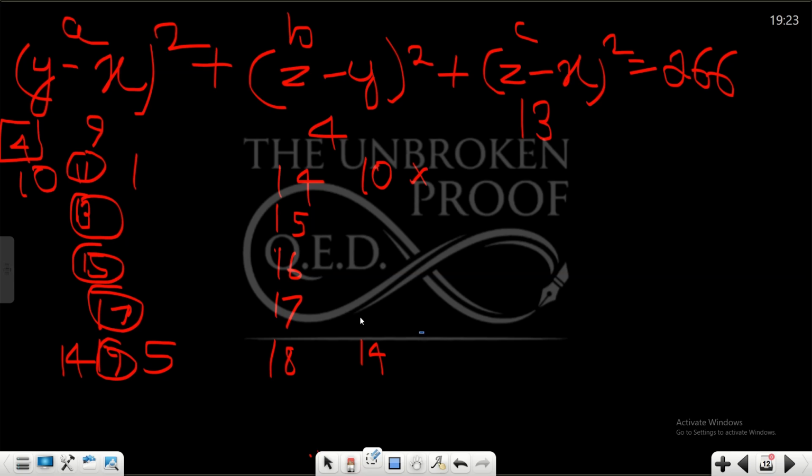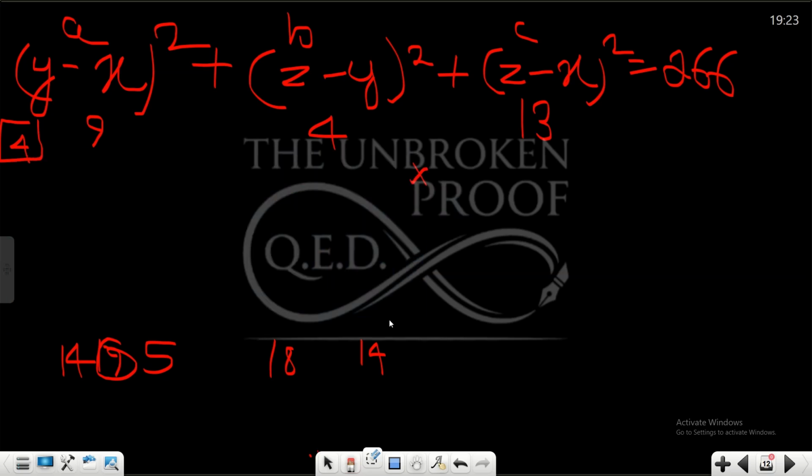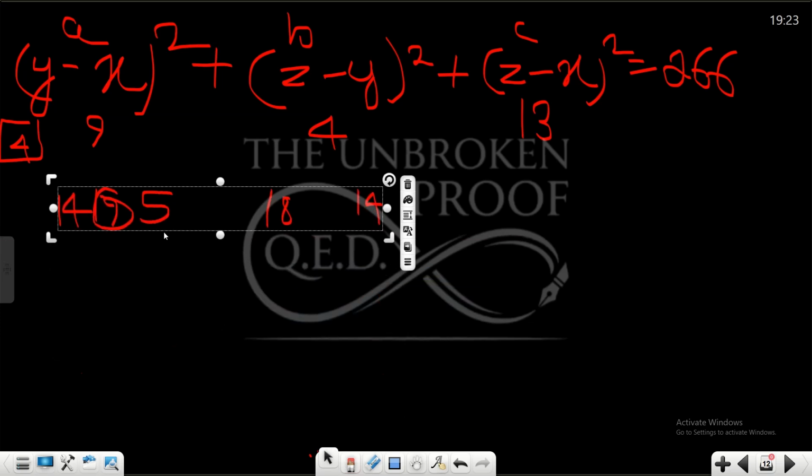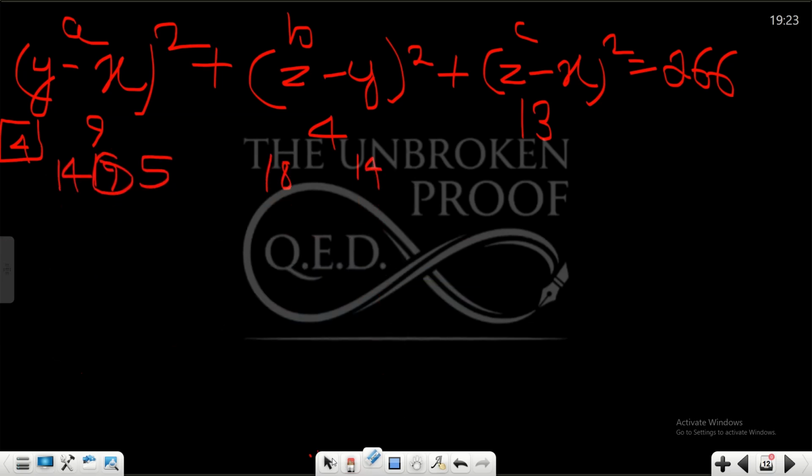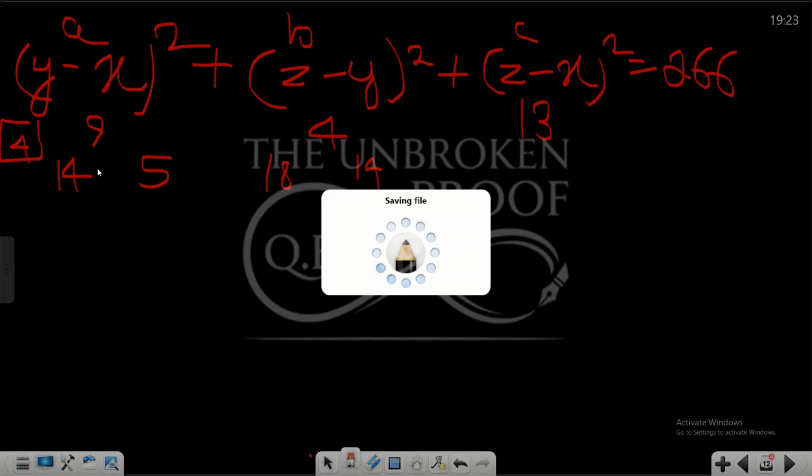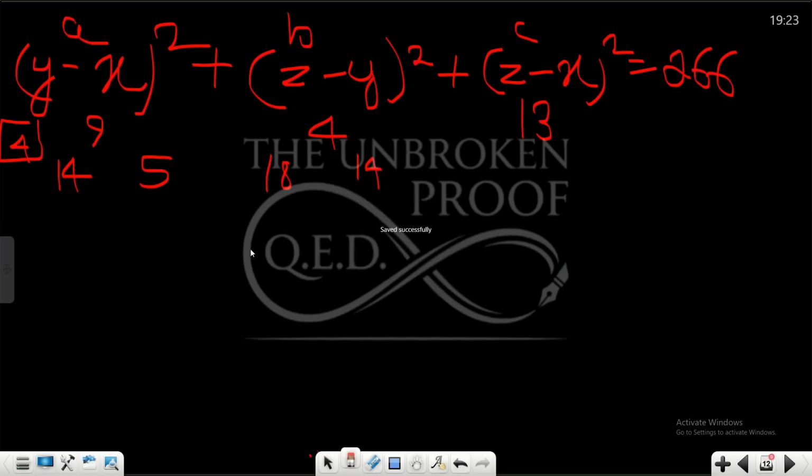So if I eliminate the above cases, and if I count this one, so this is 14, y, x is 5 and z is 18. Now clearly z is second maximum, so I can take z till 40.